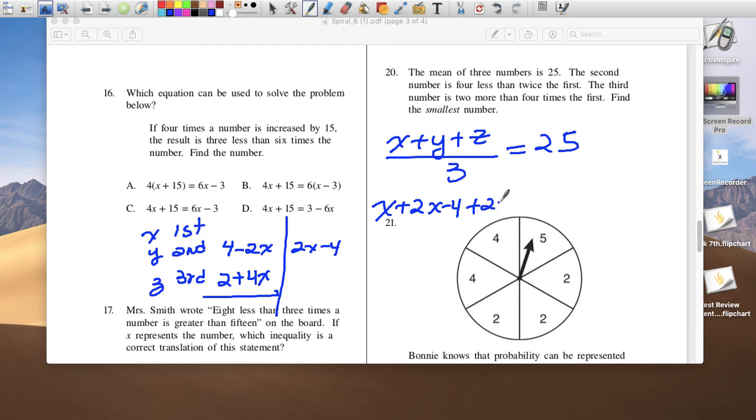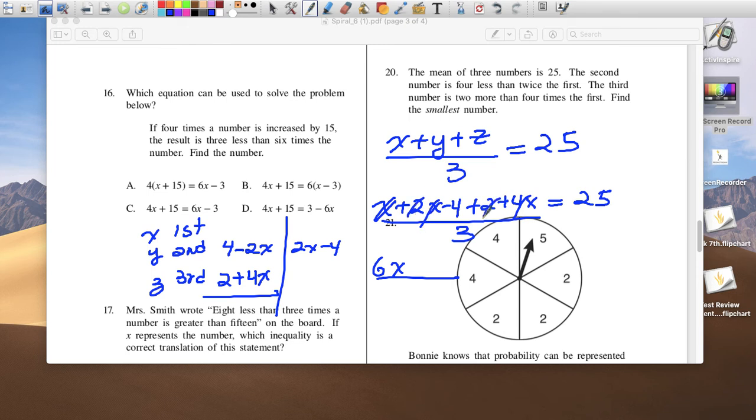Right? So the beauty of this is that everything's in terms of x. There's only one variable. On the top, can I simplify this? Yeah, I can. x plus x is 2x, plus 4x is 6x. And 2 plus 2 is 4, minus 4 is 0.